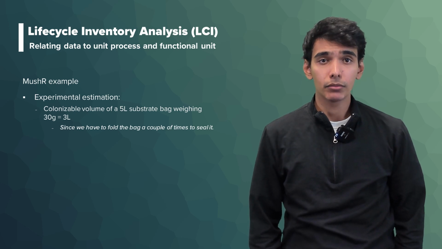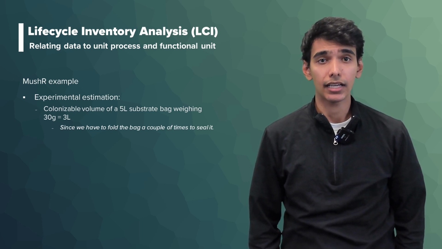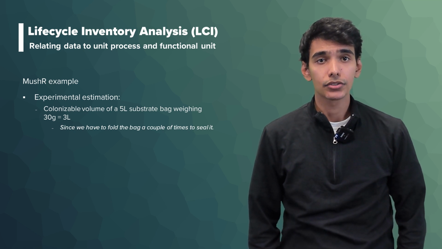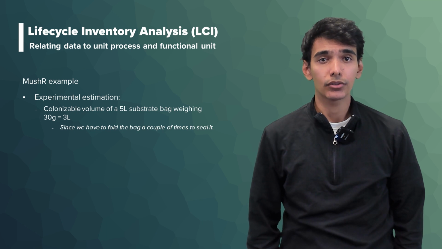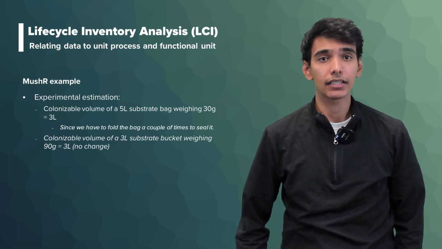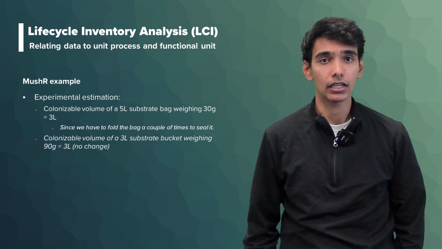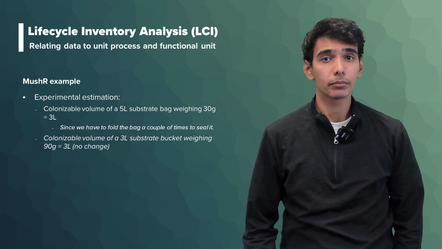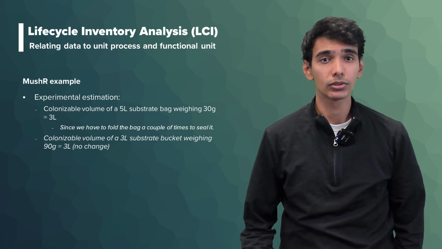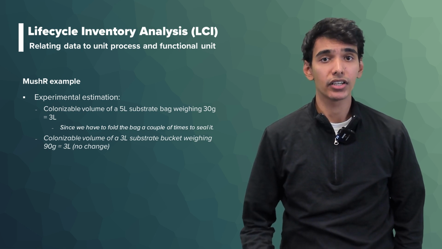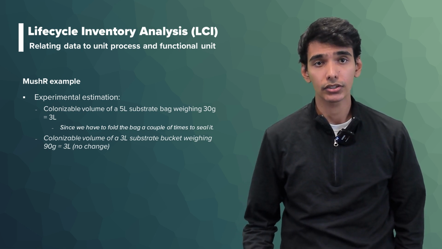In the example of the MUSH-R project, we had an experimental estimation of our colonizable volume. We made experiments and it turns out that a 5-liter non-reusable substrate bag weighed 30 grams but had essentially the same volume as our reusable bags. This is because you have to fold the bag a couple of times in order to seal it, so it loses some efficiency in volume. The colonizable volume of the 3-liter bucket is still 3 liters because there is no change.